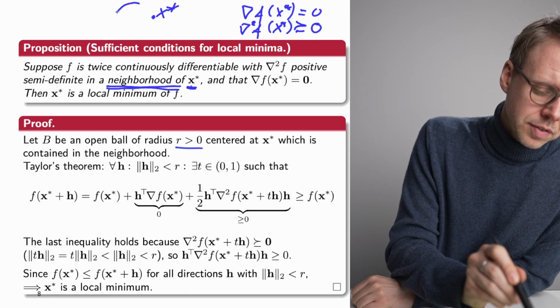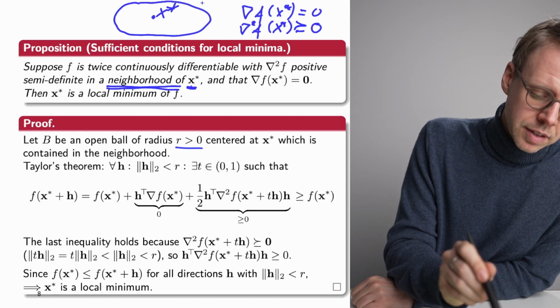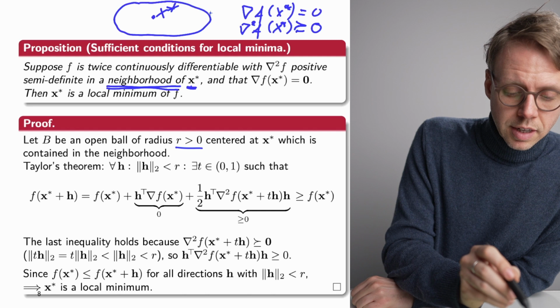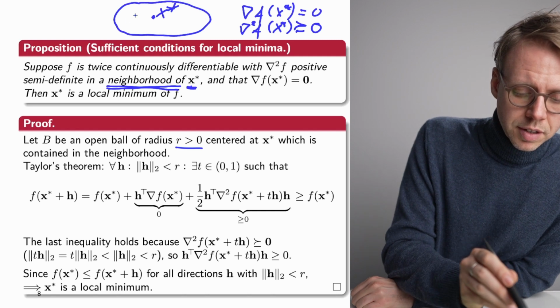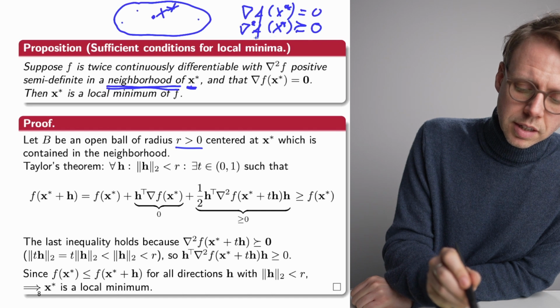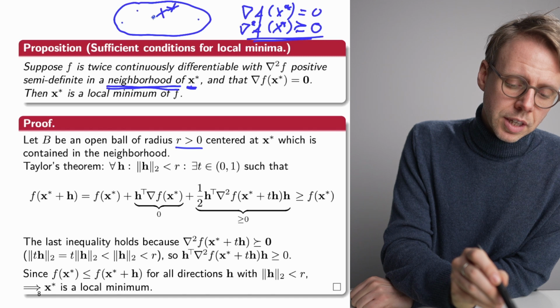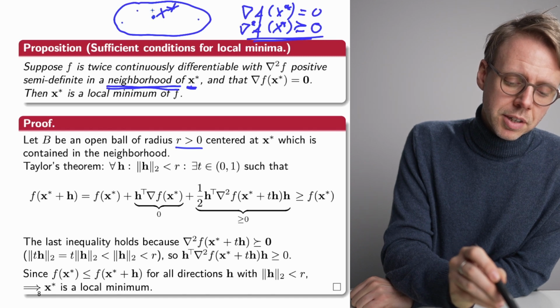So if this is our neighborhood, then in any point here, we would get a positive semi-definite Hessian. So not only at the point, that would be our necessary condition.